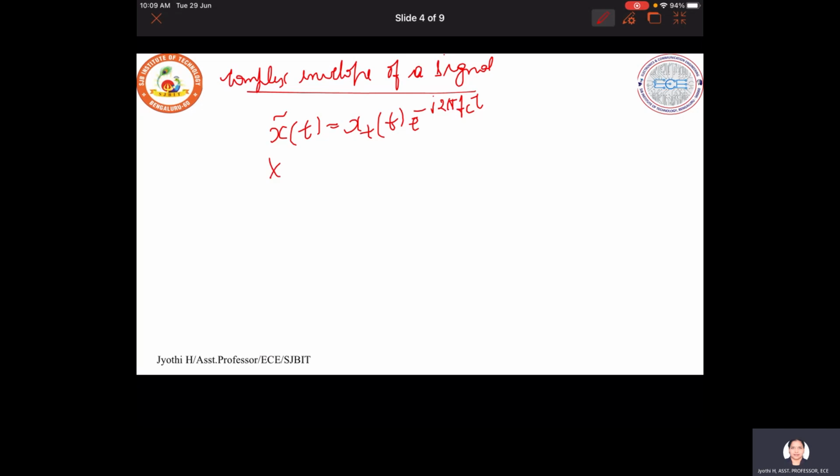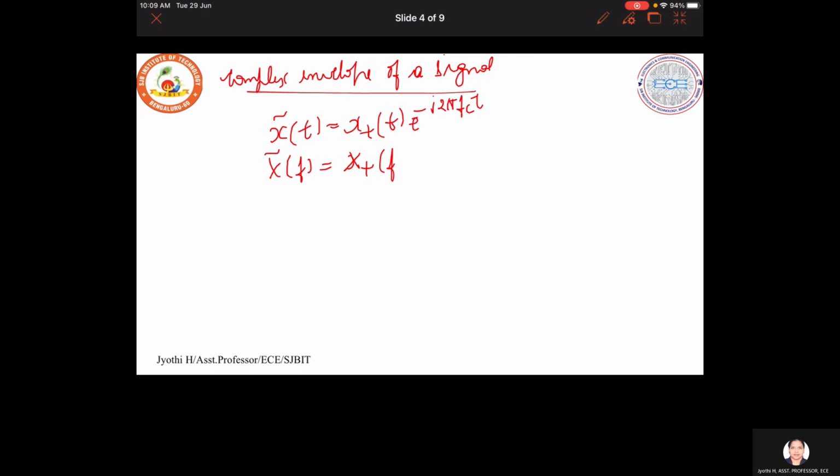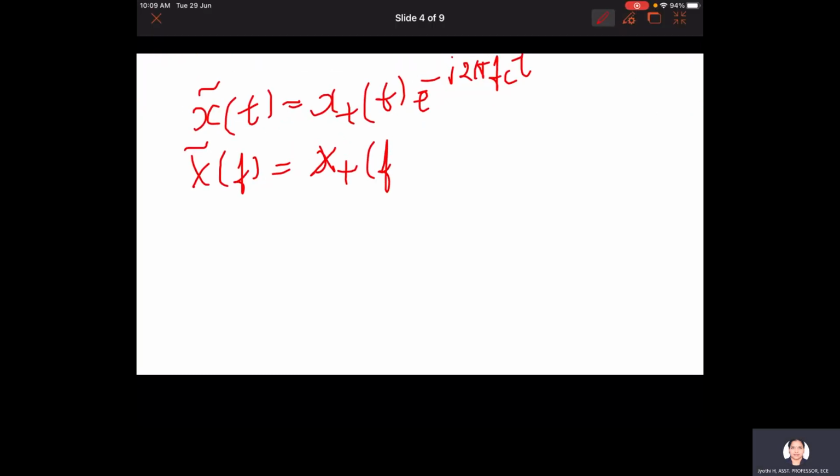When you take it into the frequency domain, x tilde of f is equal to the pre-envelope x plus of f plus fc. Since we have considered fc here, many frequencies you can consider.